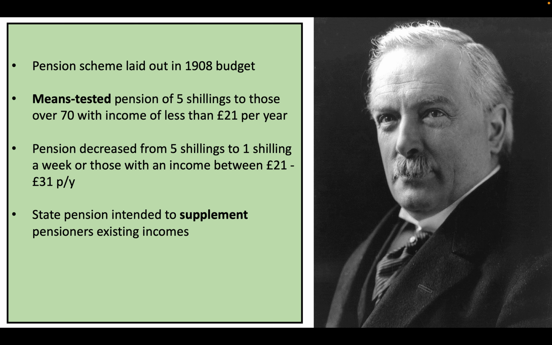The pension is designed to supplement incomes, not replace them. So when pensioners start claiming the pension on their 70th birthday, they will still have to work because the pension just is not enough to live on. Even the maximum amount accessible to people, 5 shillings a week, is not enough to live on.